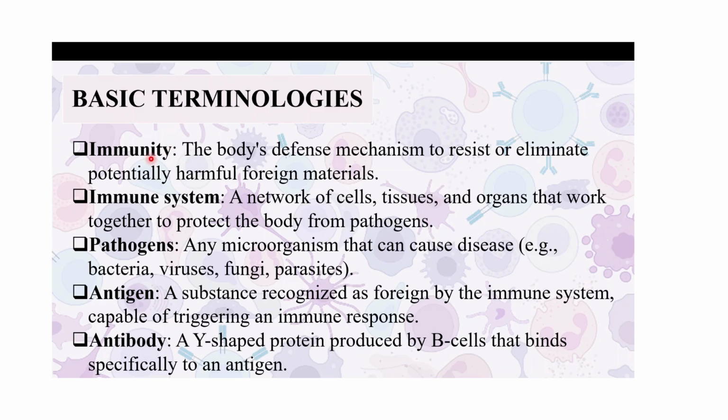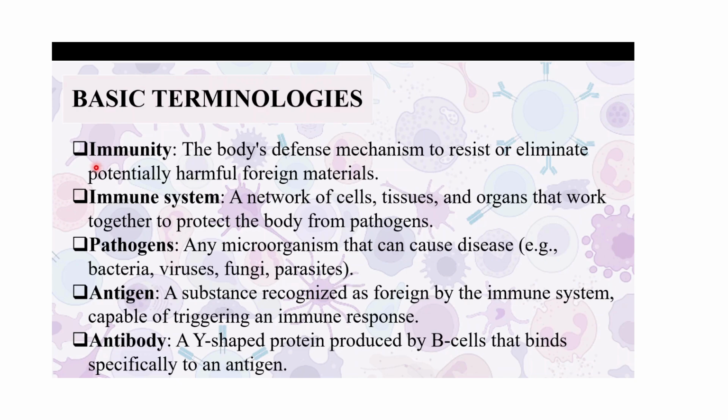So immunity. Immunity simply means a body's defense mechanism against any kind of potentially harmful material or foreign agents. Right? Immune system means a complex network of cells, tissues, and organs which are protecting us from the pathogens, or a complex network of cells, tissues, and organs that help us to perform this immunity phenomenon.